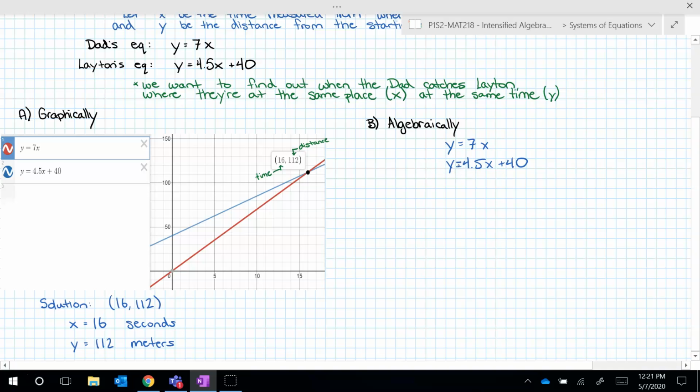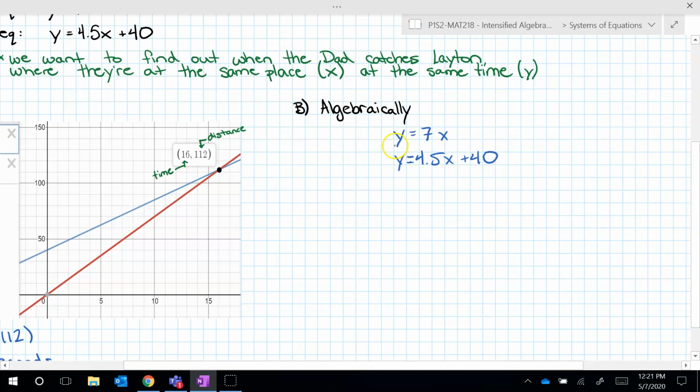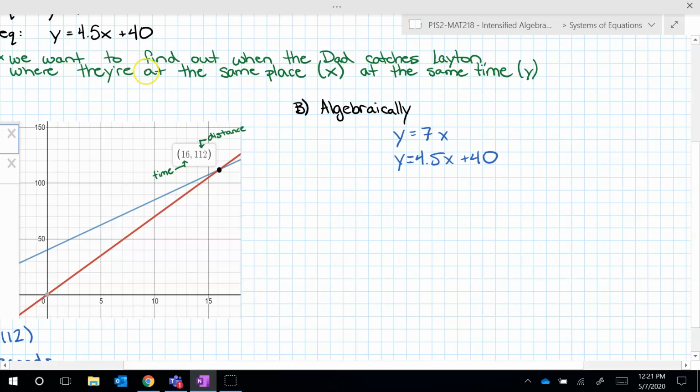So what we're going to do is something called substitution, where substitution says, I know that y and 7x are identical to each other. So what I'm going to do is replace the y in the second equation with this 7x. 7x and y are the same. So if they're the same in the top equation, let's make them the same in the bottom equation.